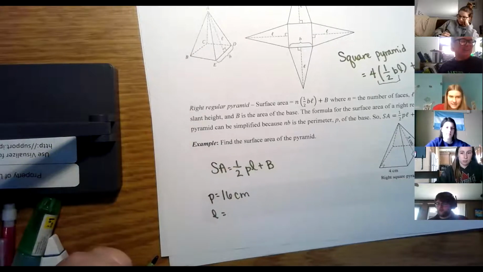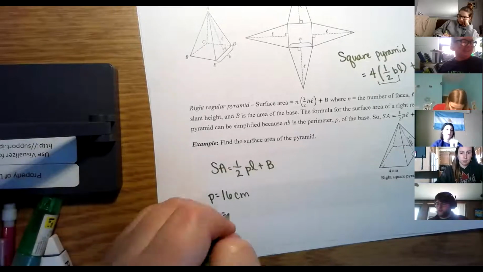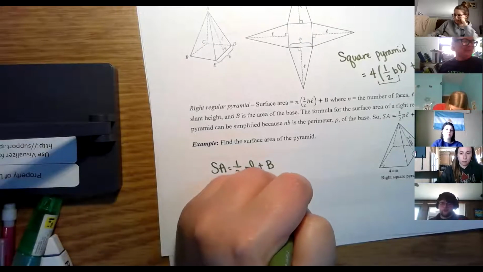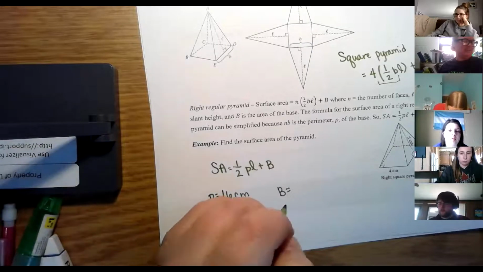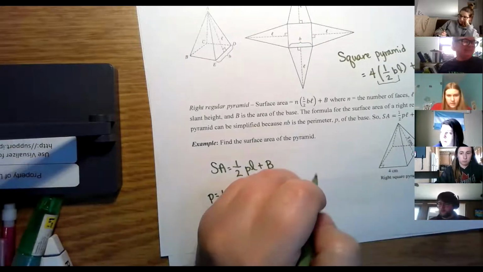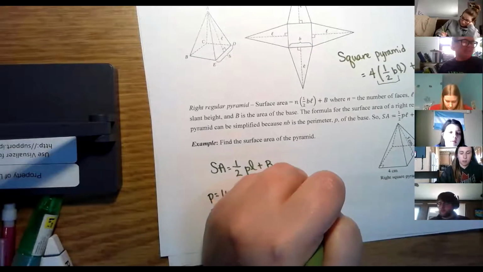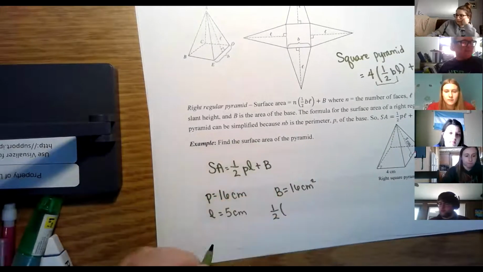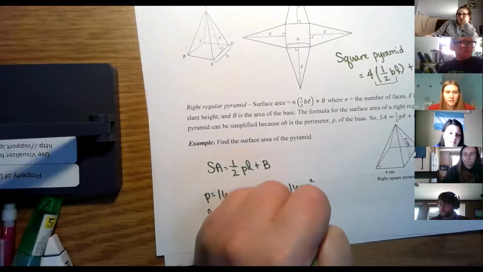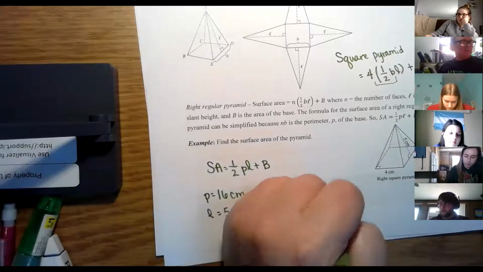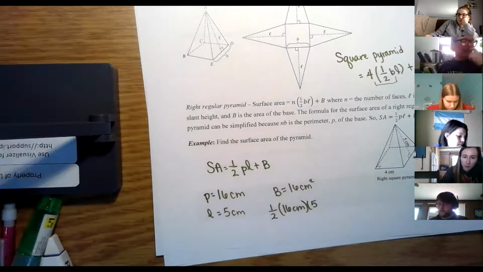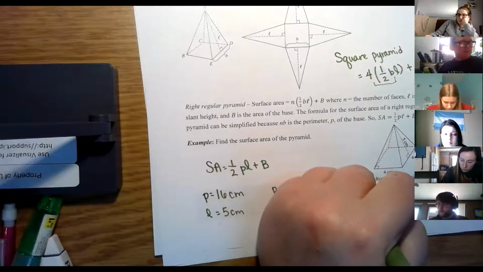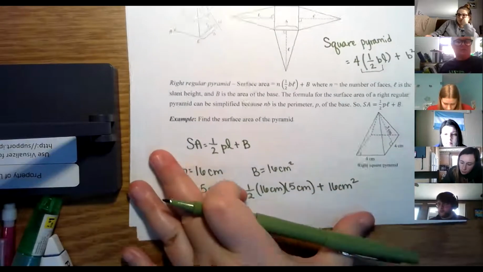And then what's the slant height? 5. And the area of the base? It's 16 squared centimeters. So if I plug these in, I get 1/2 times 16 centimeters times 5 centimeters plus 16 centimeters squared.